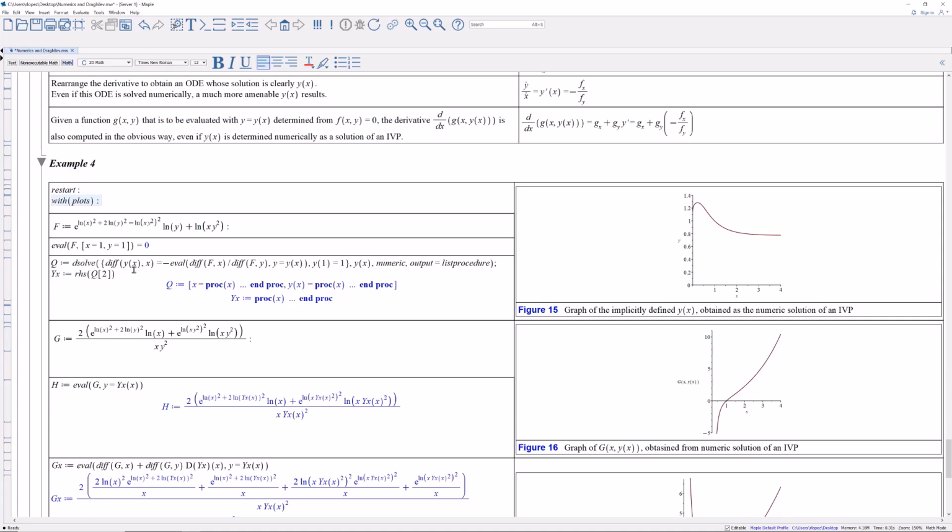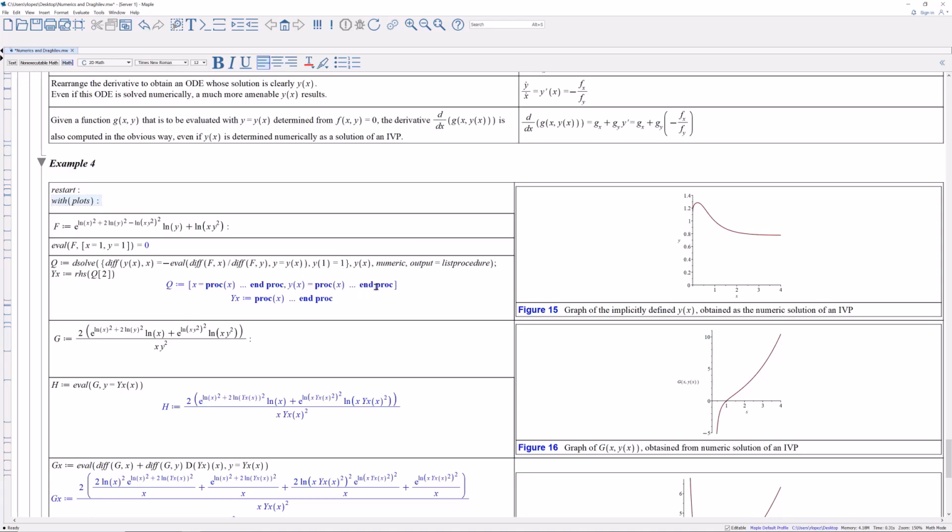y prime, that's what this is, y prime is, this minus here, is the ratio of these two derivatives. y at 1 is 1. Solve it numerically, dsolve with numeric. I like list procedures, so I get this list of procedures. And y of x is this second procedure, right?